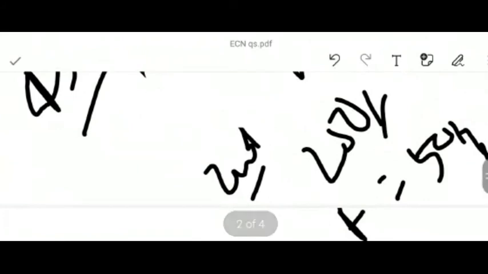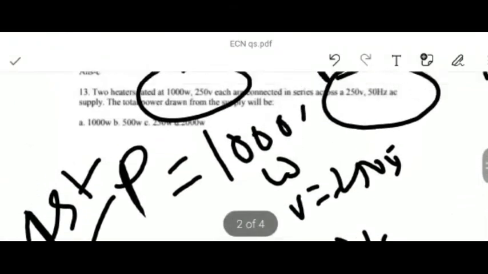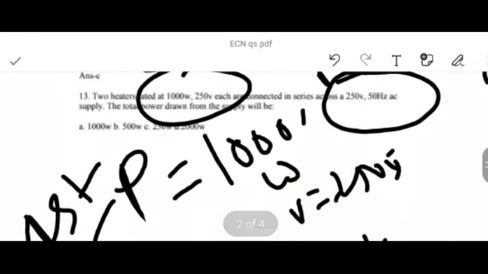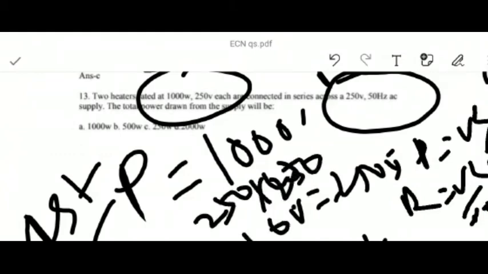In the first case, we will calculate resistance. Here P and V are given, so P equals V square by R, so R equals V square by P, V square 250 into 250 by 1000.